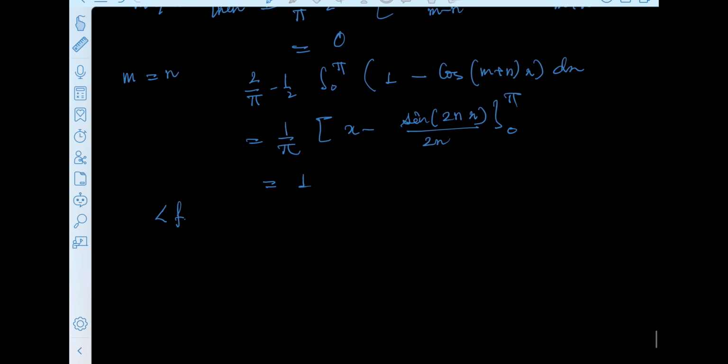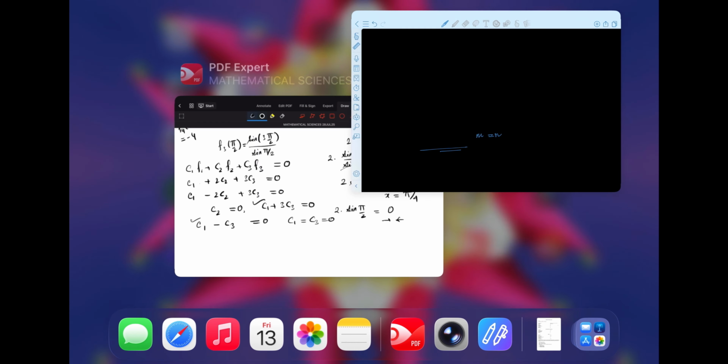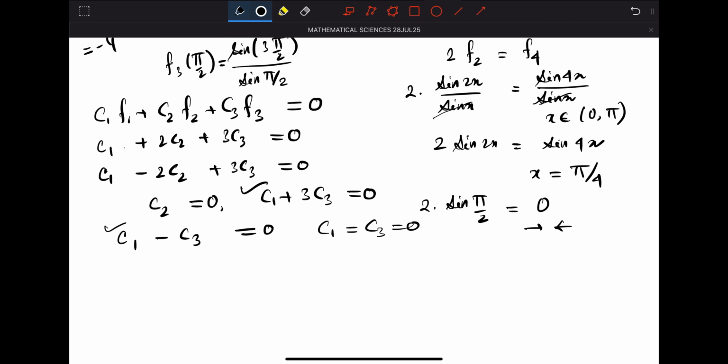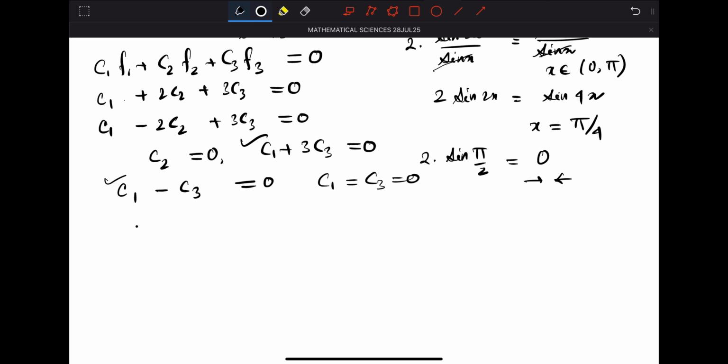So that means f_m times f_n is 0 when m is not equal to n, and f_n times f_n is 1 when m is equal to n. So that means f1, f2, f3 forms an orthonormal basis.